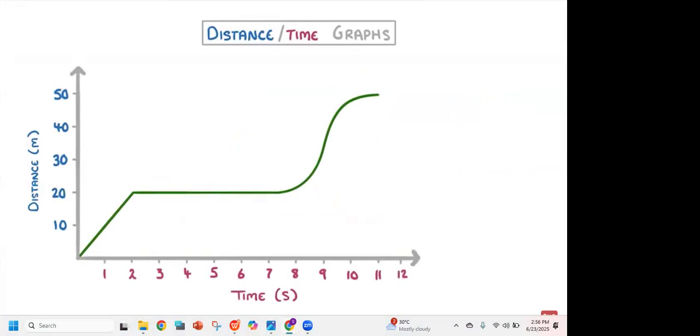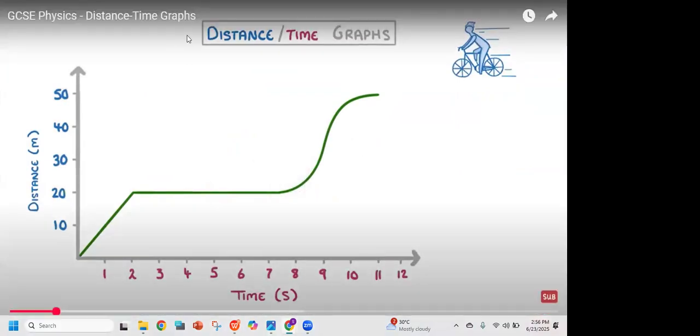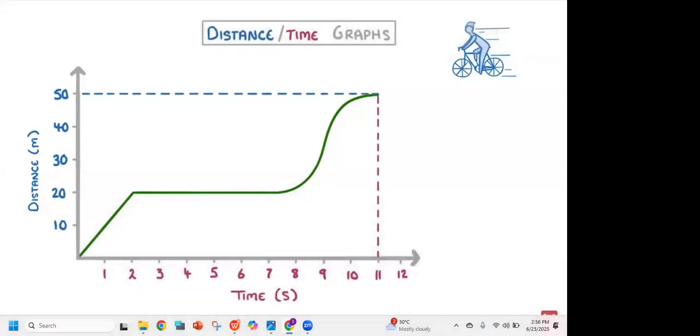For example, this one here could represent the journey of a cyclist, as well as telling us that she's traveled a total of 50 meters in 11 seconds.